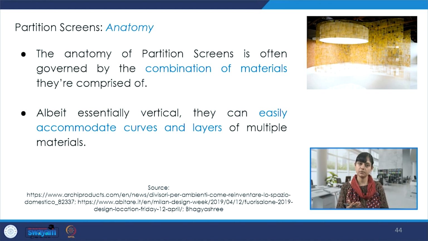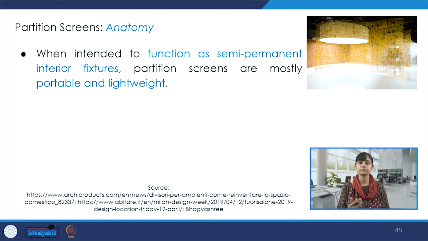Depends on what the purpose is and how we are designing them. So that is quite possible. Also function wise, they could be semi-permanent, permanent, temporary, portable, lightweight, movable, foldable, multifunctional. So all these attributes will sort of shape the anatomy of the screen that we design and install within a space.